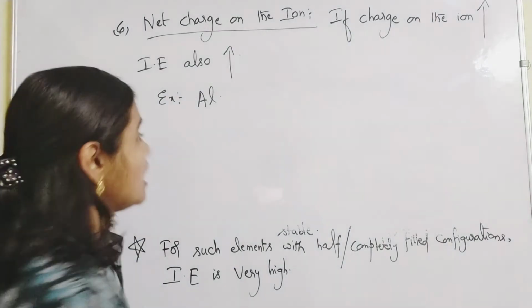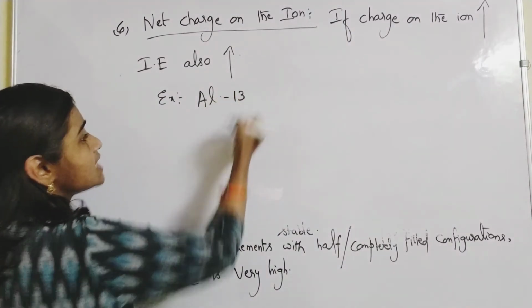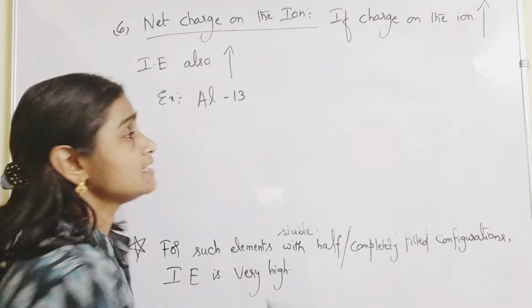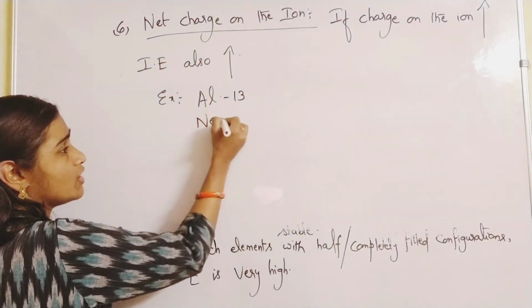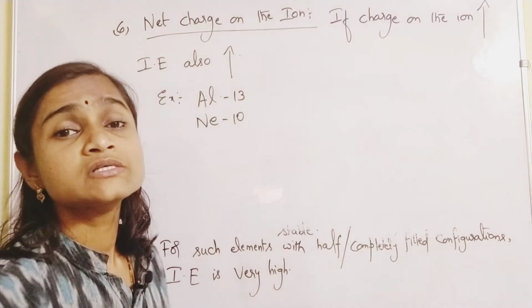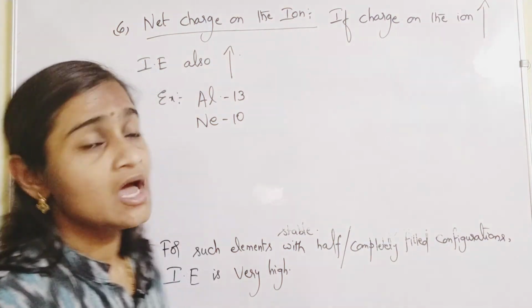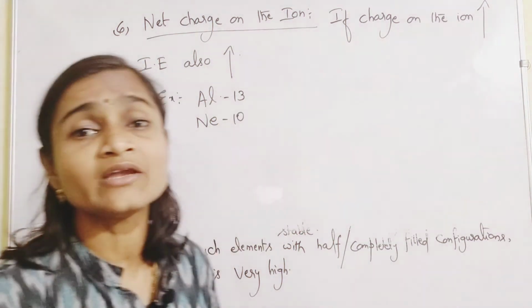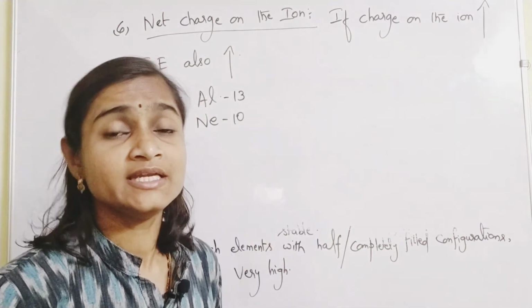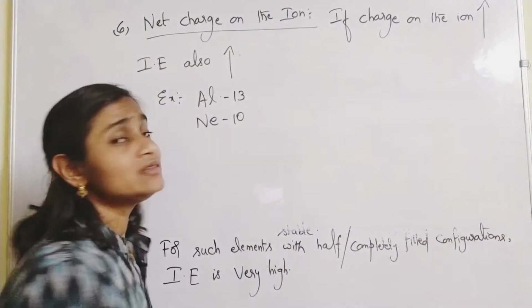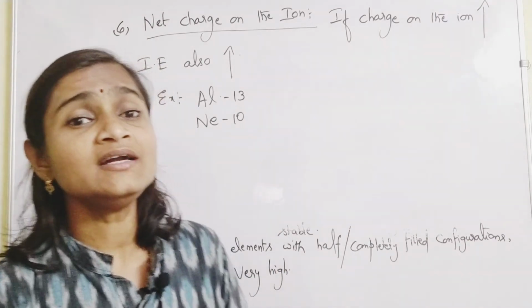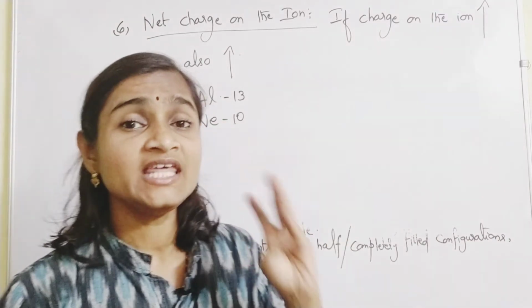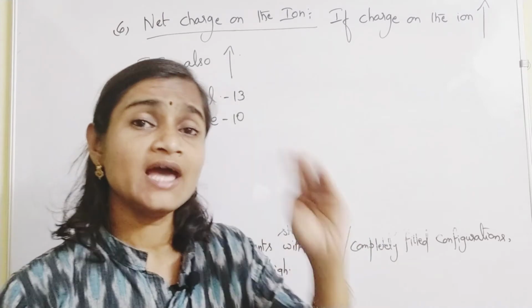Its nearest inert gas, neon, has atomic number 10. So to become stable like neon, aluminium has to lose 3 electrons. Can it lose all 3 electrons at a time? No. That's why we have learnt ionization energy IE1, IE2 and IE3.